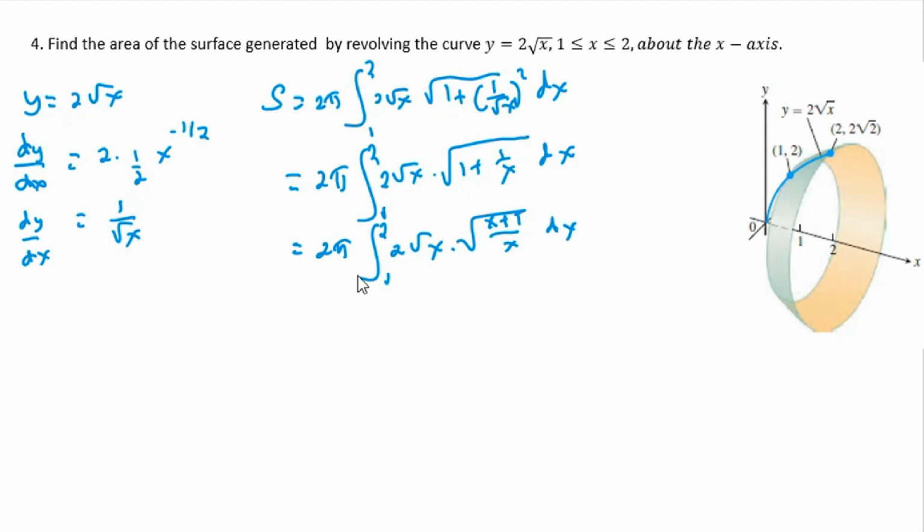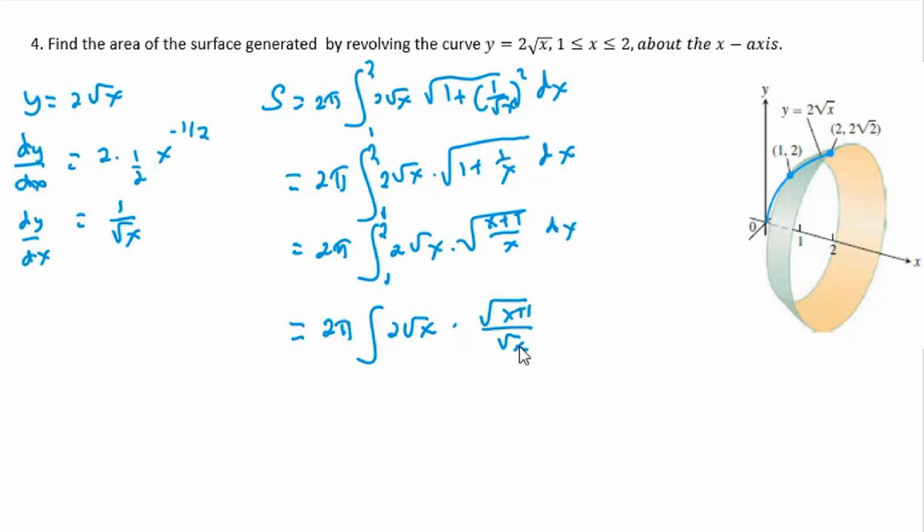So we have here 2 pi times the integral of 2 square root of x times the square root of x plus 1 all over x, dx. Simplify this again. We now have 2 pi times the integral of 2 square root of x times the square root of x plus 1 over the square root of x.